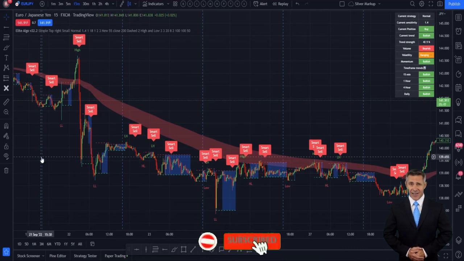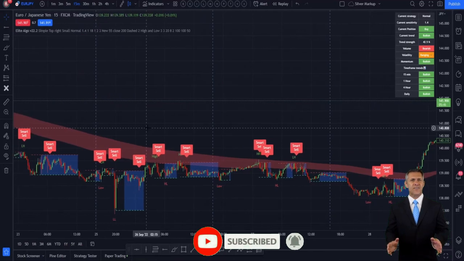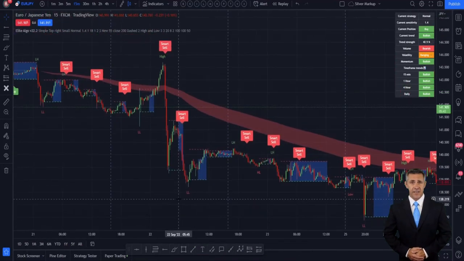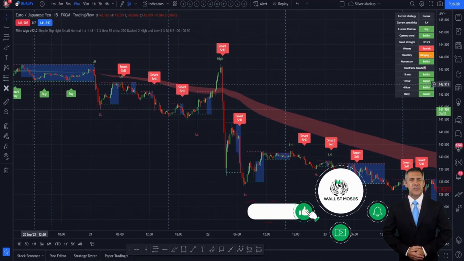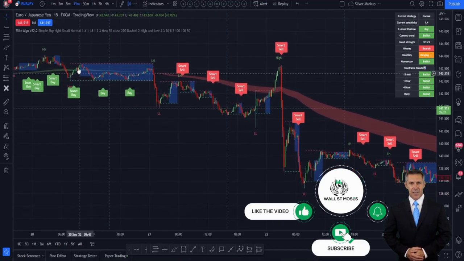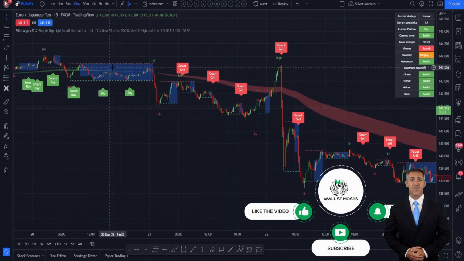So what we're looking at, and let's zoom in just a little bit so we can get a better, clear view, is we want it to be a good solid consolidation zone. Elite Algo is going to give you those zones right away.